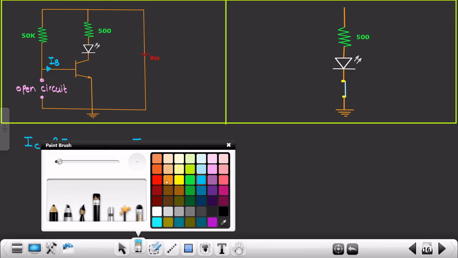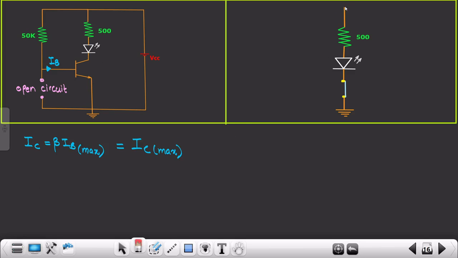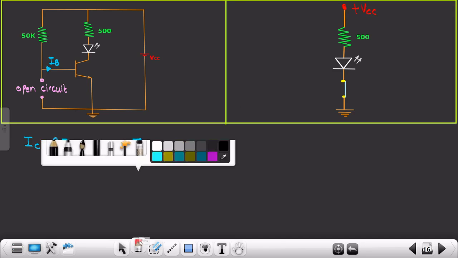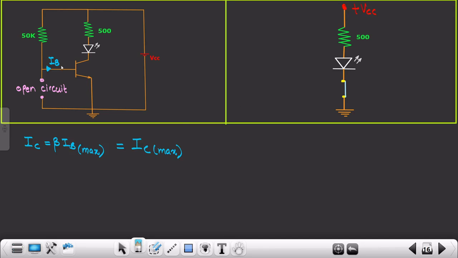Let me just take one VCC over here, plus VCC, right? And as you can see, in this particular case there would be some voltage drop VBE, and obviously this VBE would be greater than 0.7 volts.